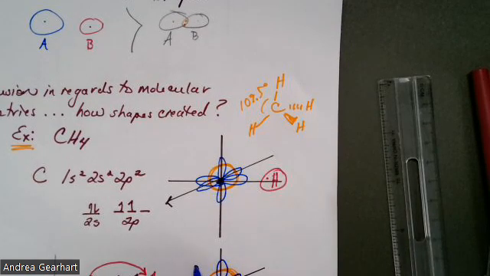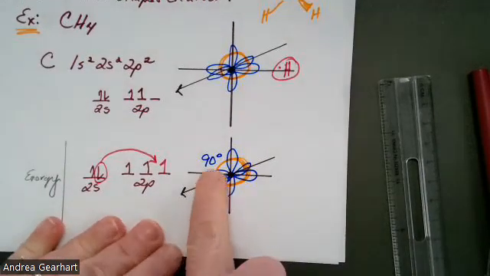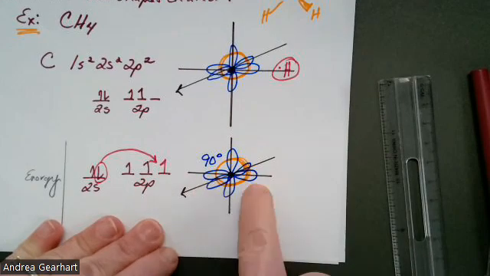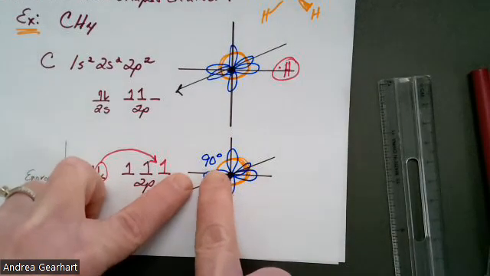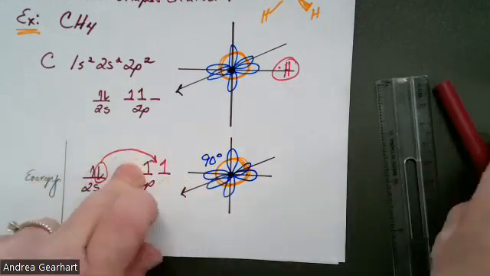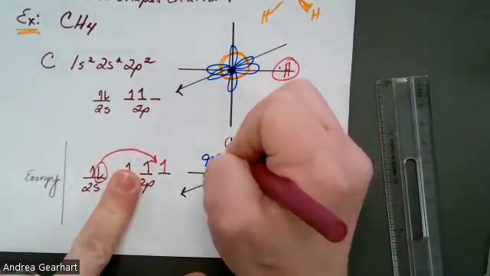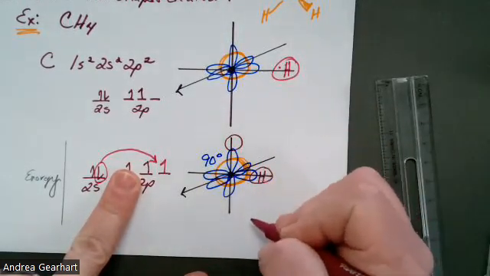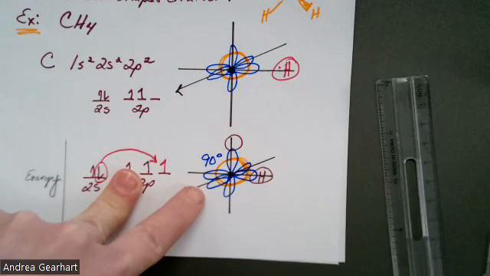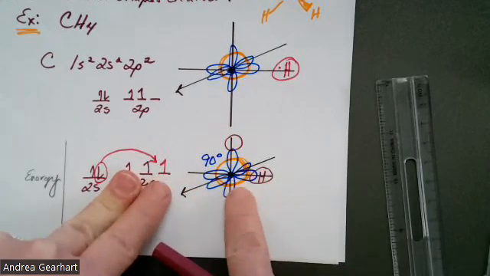Well, these are separated by 90 degrees. So if the overlap is happening with these orbitals, then why aren't the bond angles 90 degrees if the hydrogen is coming in and we have to overlap? Why aren't we getting the 90?